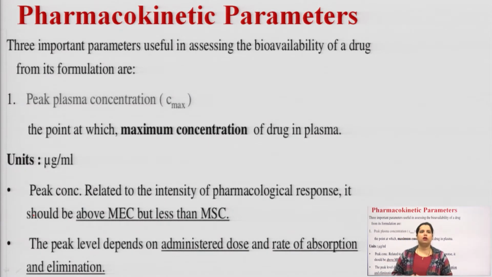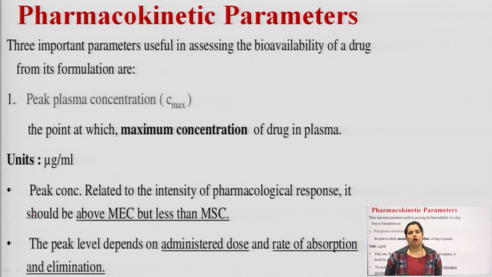Three important parameters useful in assessing the bioavailability of a drug from its formulation are, first, peak plasma concentration, Cmax, the point at which the maximum concentration of drug in plasma is reached. It is calculated in microgram per ml, as we collect very minute samples and the drug present in plasma is in microgram.